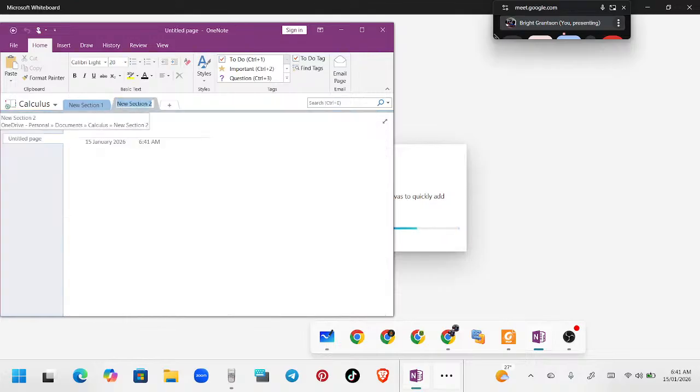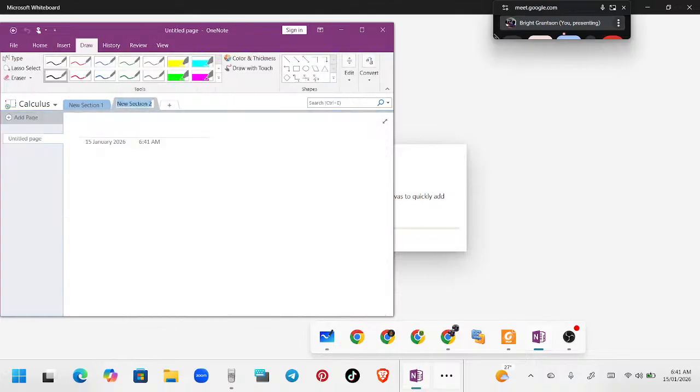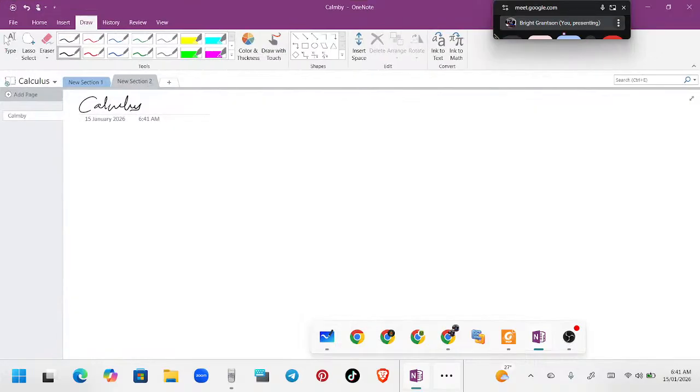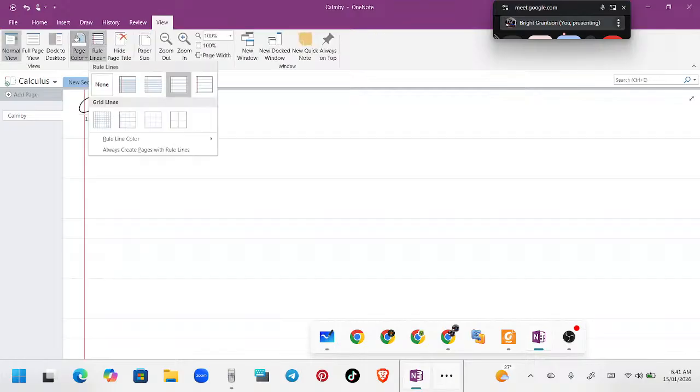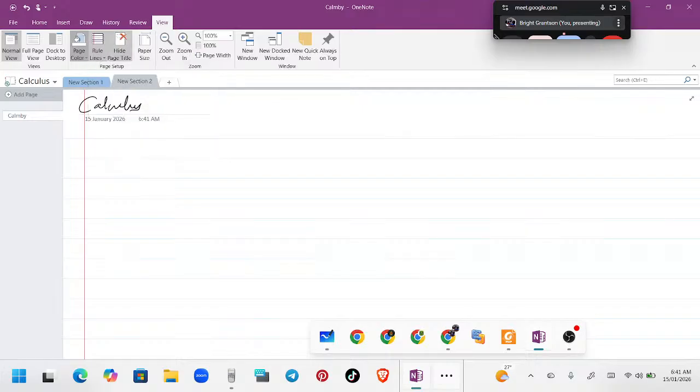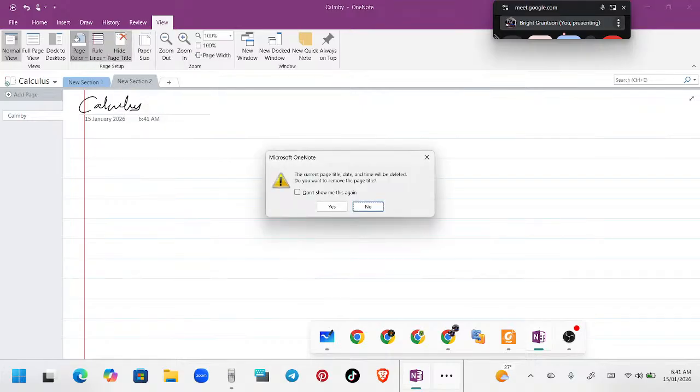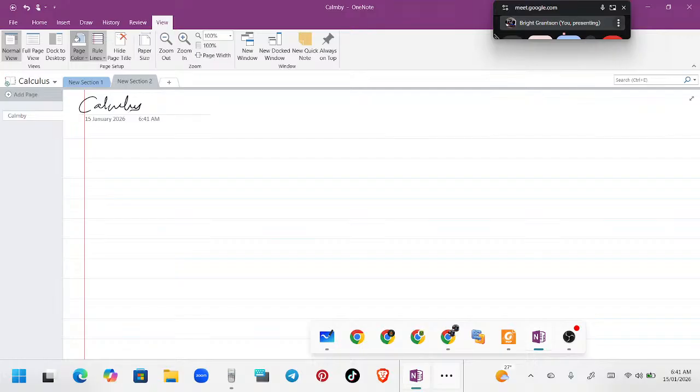Okay, let me use OneNote for the meantime, as I wait for this one to open. Okay, so implicit functions.